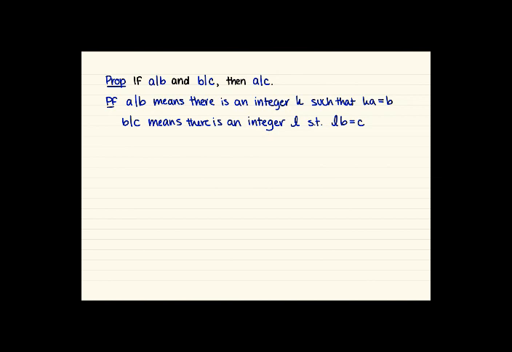So what we're going to do is start with c. Since we've got Lb equals c there, we can write c as L times b. And now we've also got that b equals ka, so we're going to replace b with that, so we've got Lka here. And then if we regroup this, we've got Lk times a, some integer times a equals c.